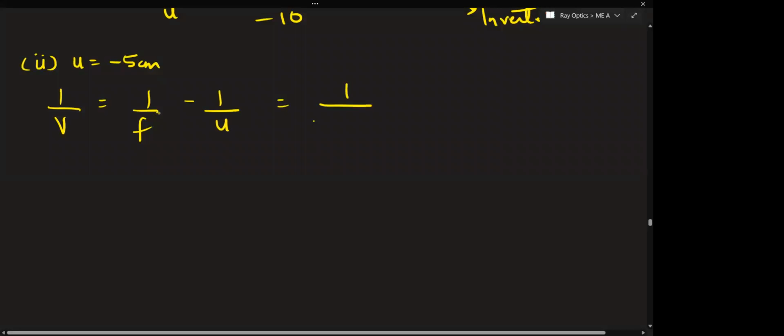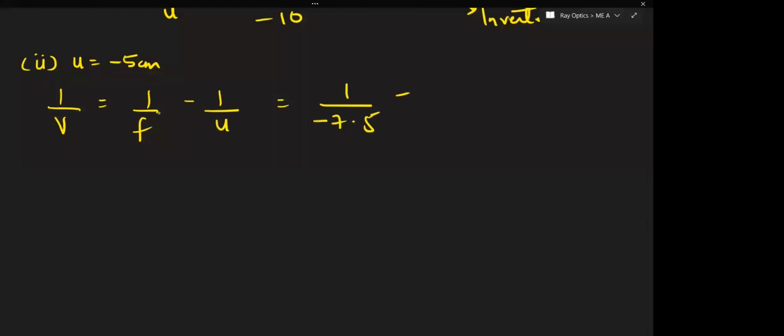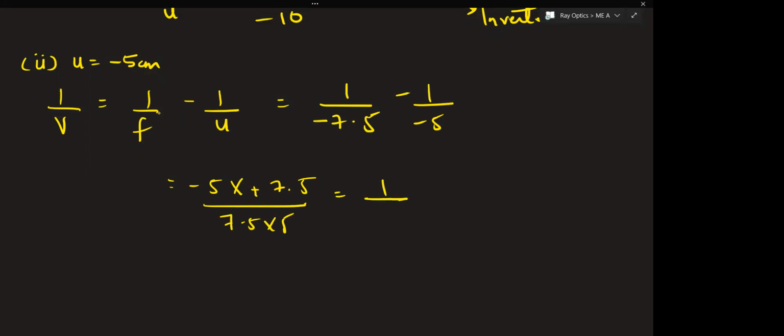So this will be equal to -1 by 7.5 minus 1 by -5. So that will become plus, and 7.5 into 5 gives 1 by 15. So the image distance is plus 15 centimeters.